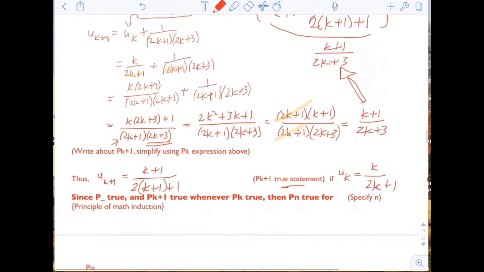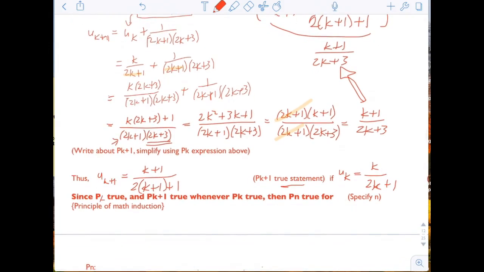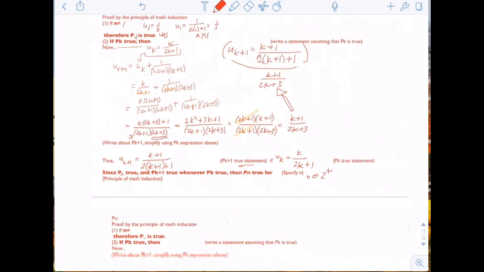And since P1 is true and P of k plus 1 is true whenever P of k is true, then P of n is true for all positive integers n. Okay, and that's it for this page.